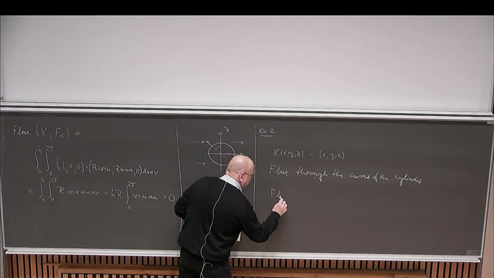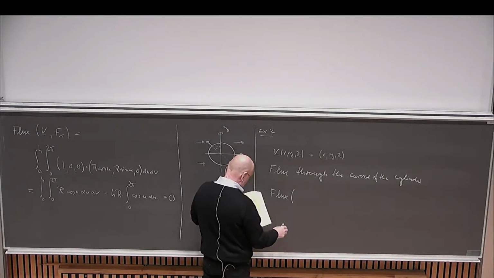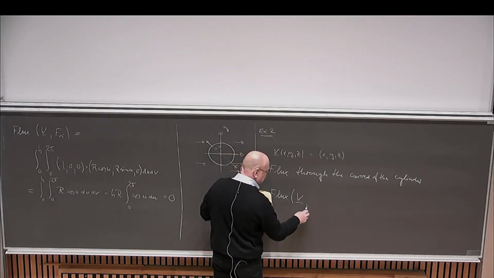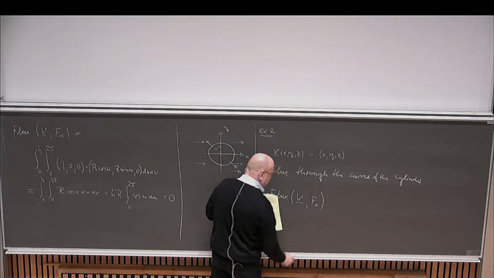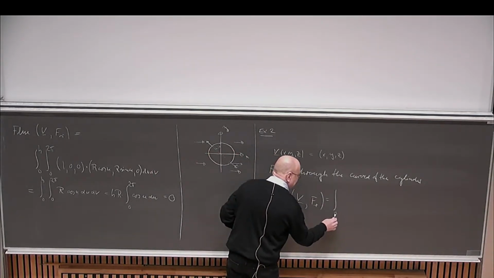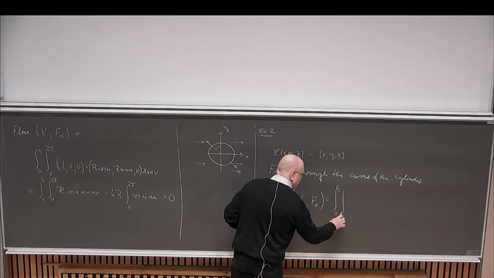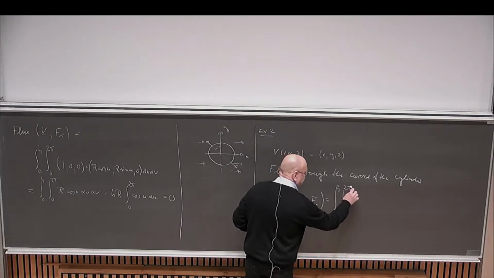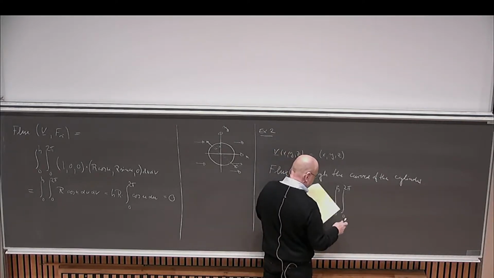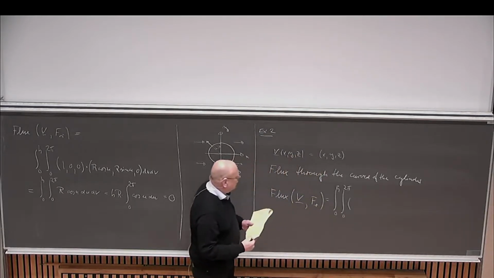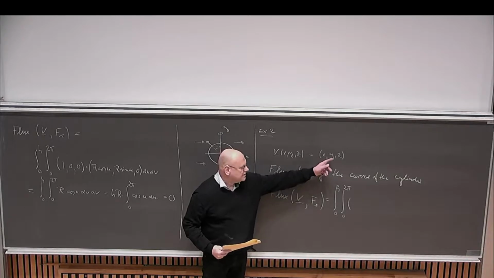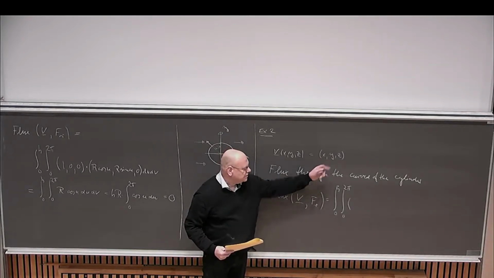Let me write this down. Flux of this new vector field here, the explosion vector field, through this surface. Again, you get the integral from 0 to h and from 0 to 2 pi. These are the parameter ranges. And then you get your vector field, and now you have to replace x, y, and z with your parametric representation.